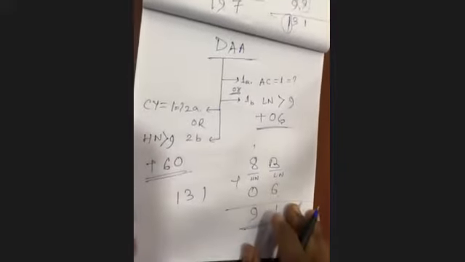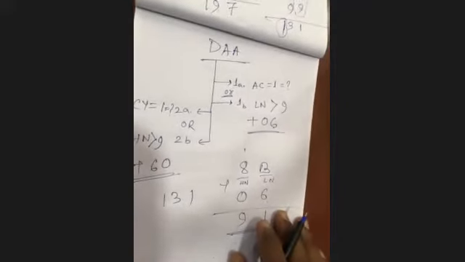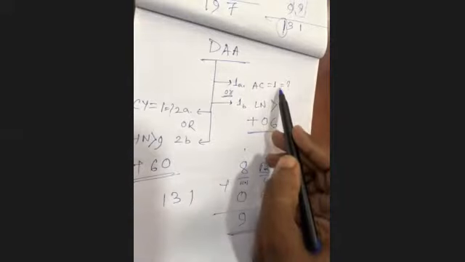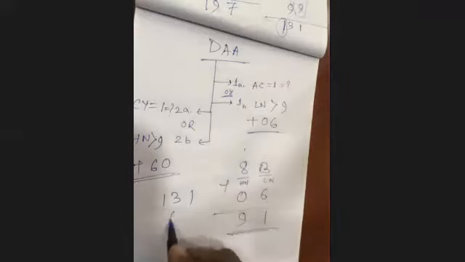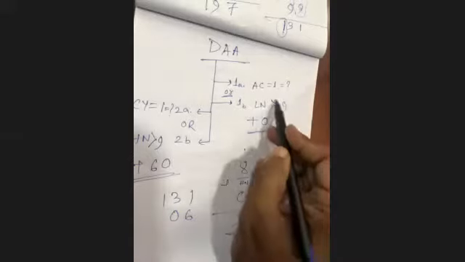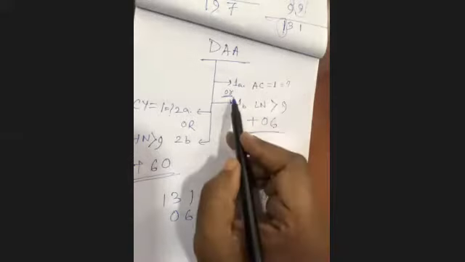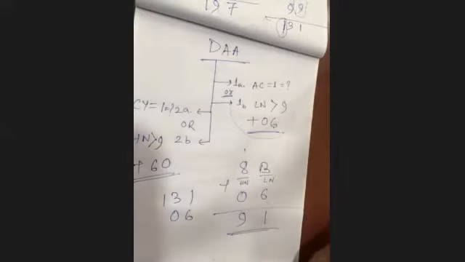Am I right? Yes, sir. The result is 131. Sir, the auxiliary carry flag is set. Condition number 1A: yes or no? Yes, sir. So add 06. We will not check 1B, as 1A is true. It's never possible that both cases are true.